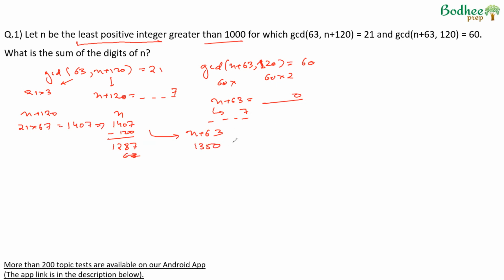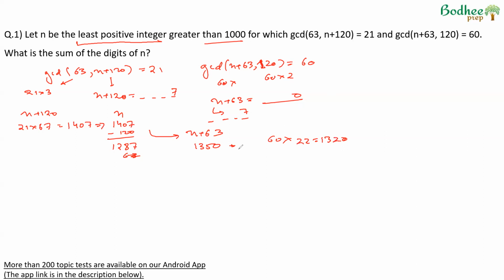Now 1350 has to be a multiple of 60, but 1350 will not be divisible by 60 because 135 is not divisible by 6. If we look at the multiple of 60 close to it, that will be 60 into 22, which is 1320.